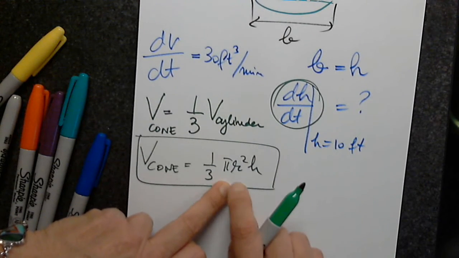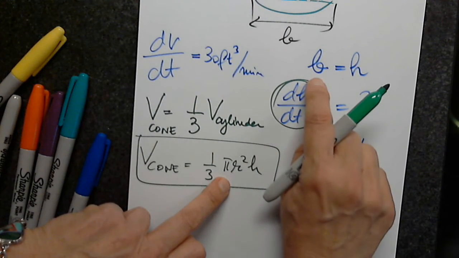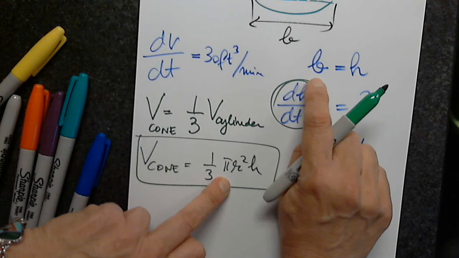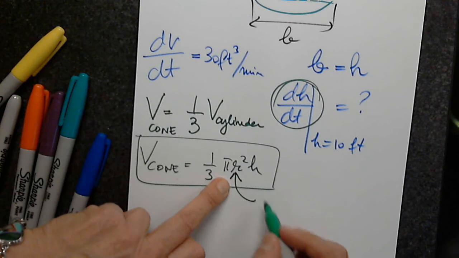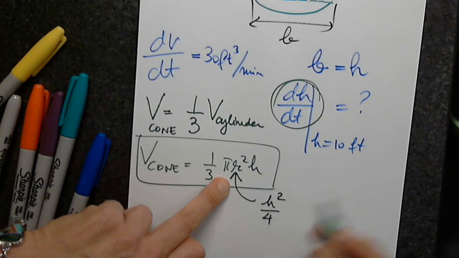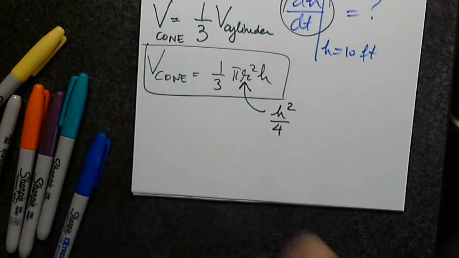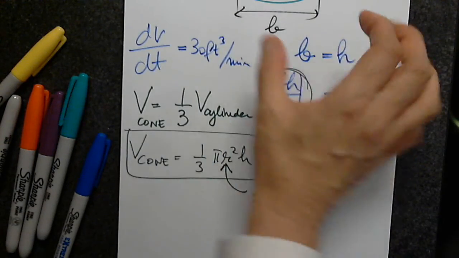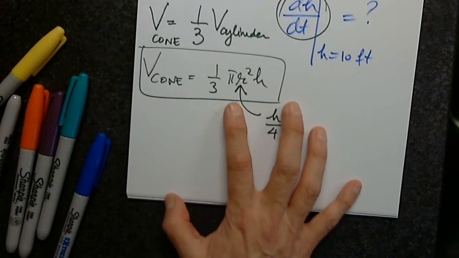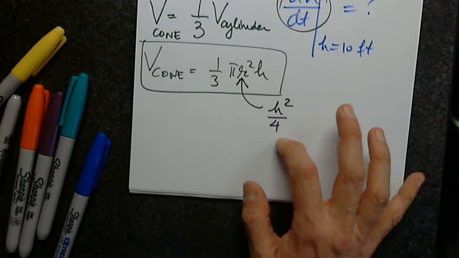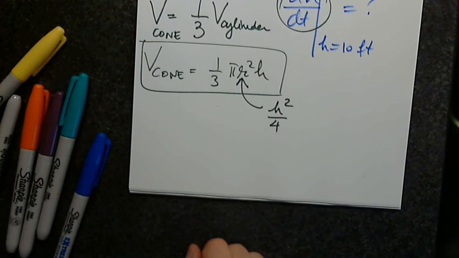So you make it radius squared, which is b over 2, which is h over 2, right? So this piece will become h squared over 4. Do you agree with that? So the radius is b over 2 or h over 2. When I square the radius, which is h over 2, I get h squared over 4.